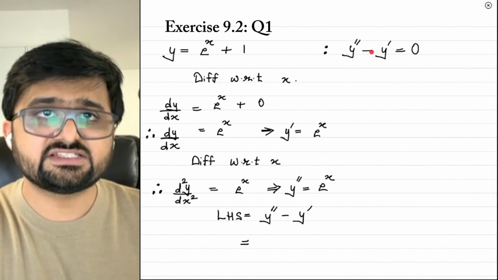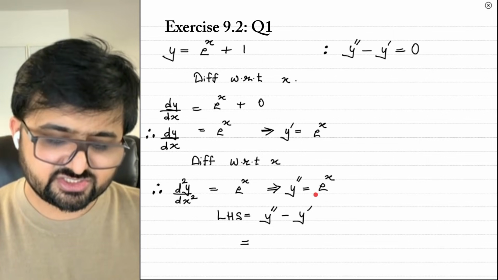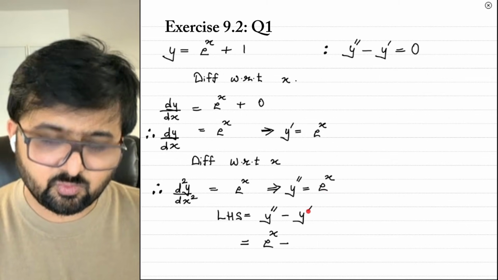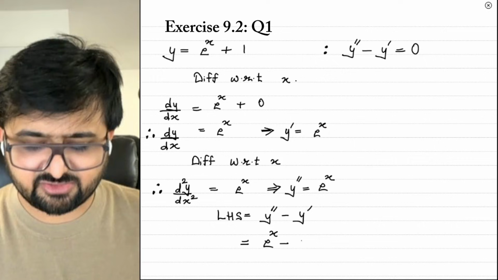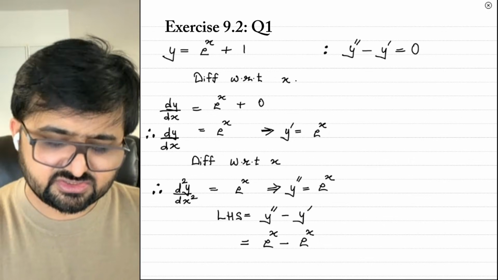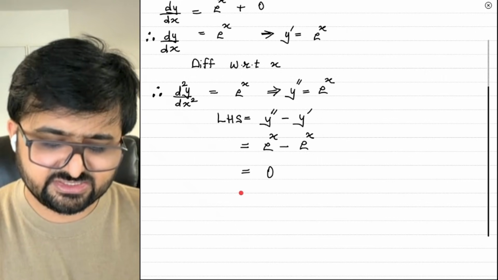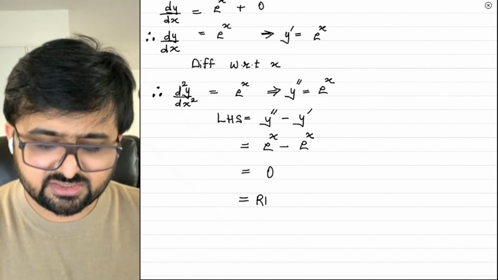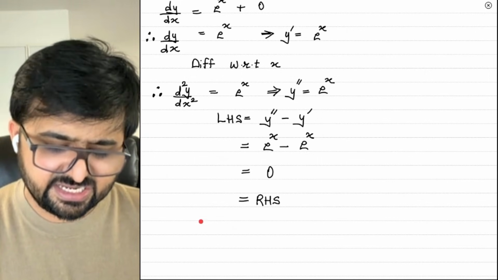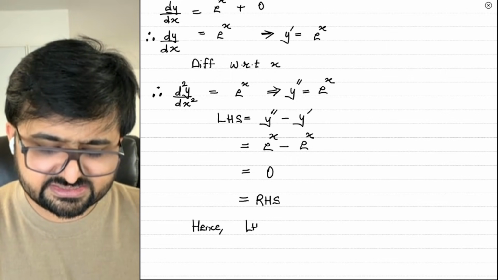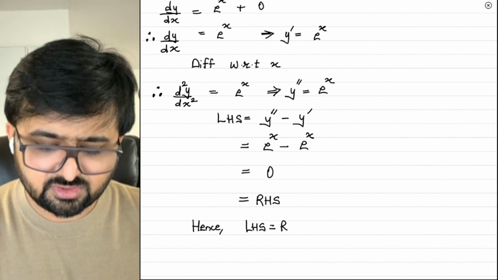Now y double dash is e to the power x minus y dash, which is also e to the power x. So e to the power x minus e to the power x, which is 0, is equal to my RHS. Hence, it's proved that LHS is equal to RHS.